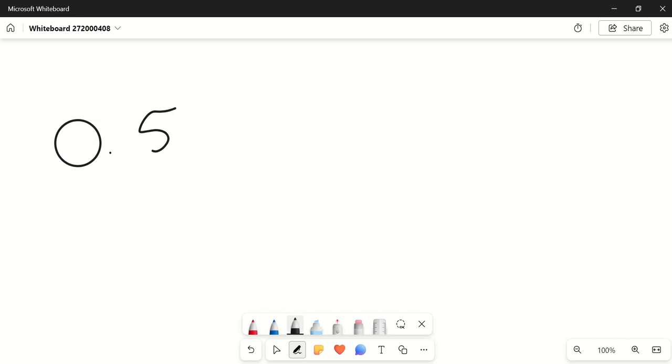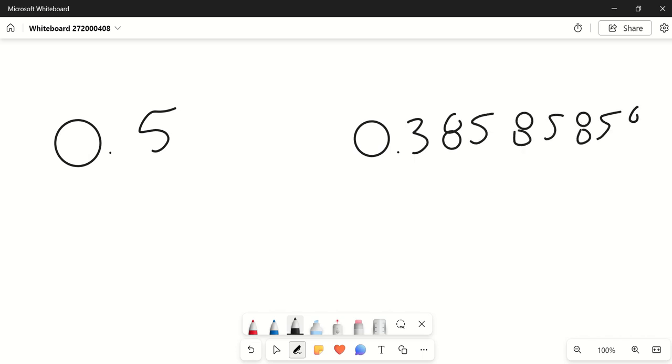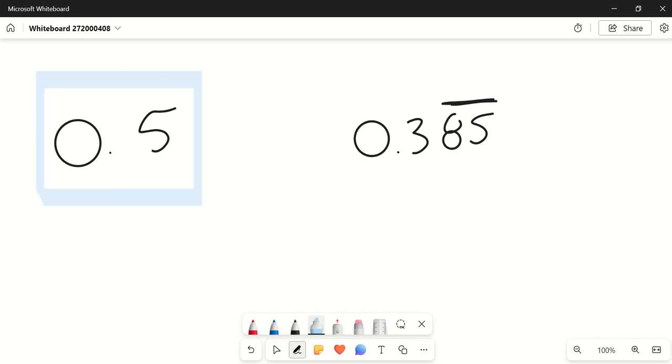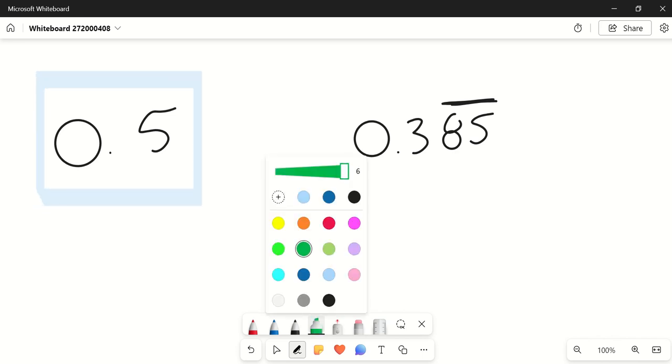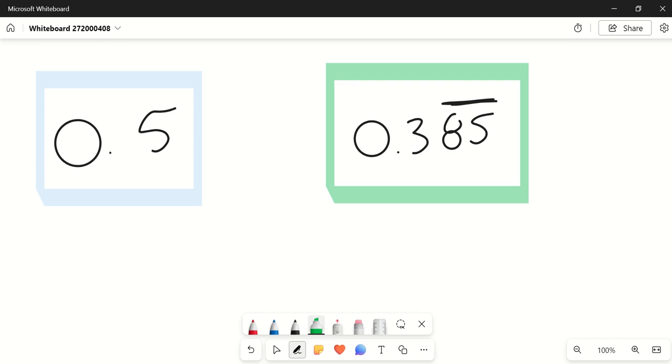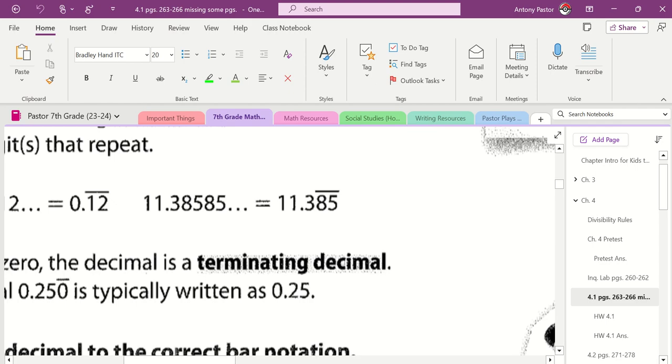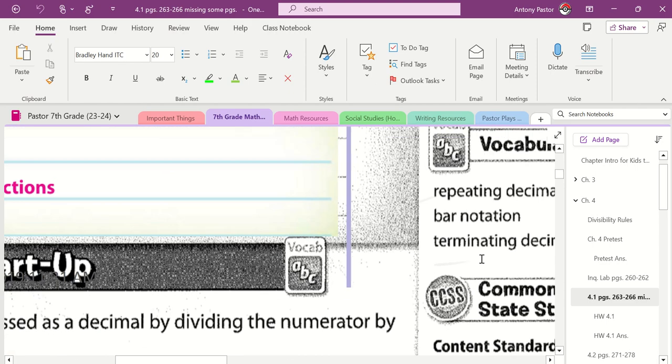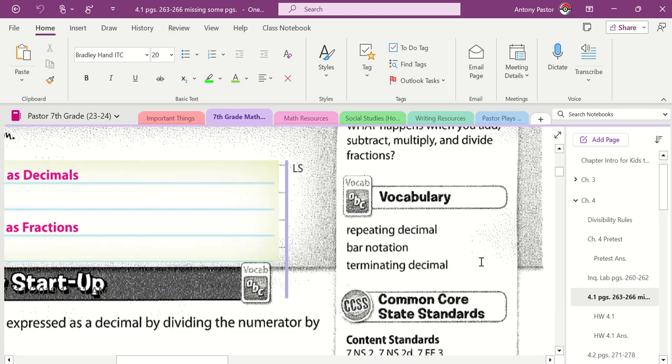A repeating decimal will have something like this, where it continues to repeat and repeat and repeat, and instead of writing it out forever, we put the line, which is known as bar notation, over the part that repeats. Our other vocab, well, that's it: repeating decimal, bar notation, and terminating decimal.